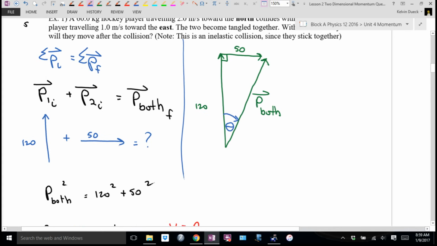I need to find theta. I think in this case, I can go opposite, adjacent, and I can use tangent. Also, since I know this, I could use sine or cosine too, but I'll use the data that they gave me if I can. Tan theta equals opposite over adjacent.